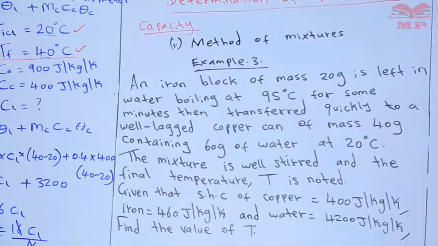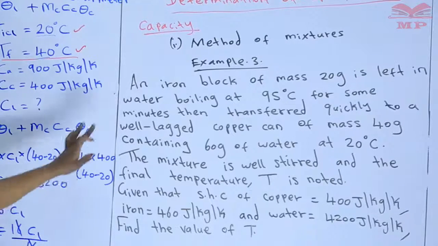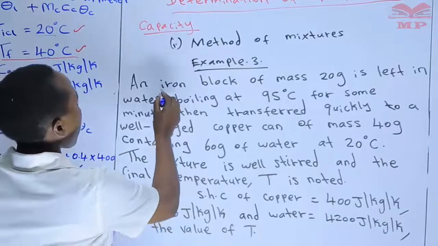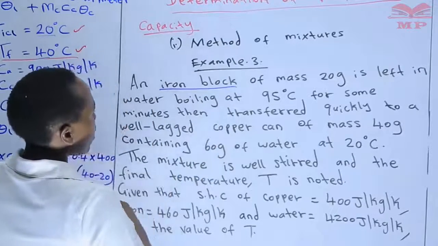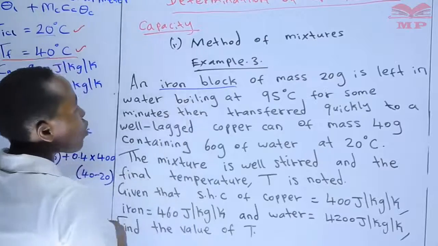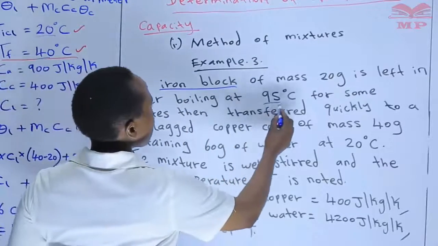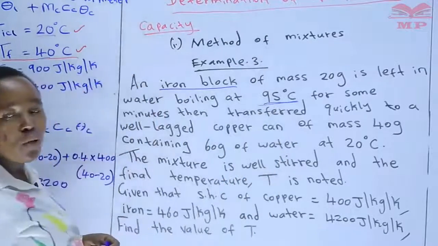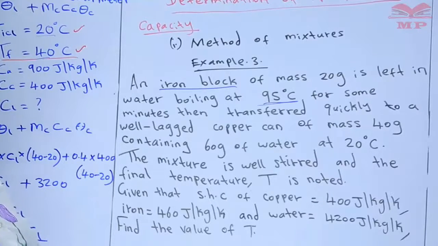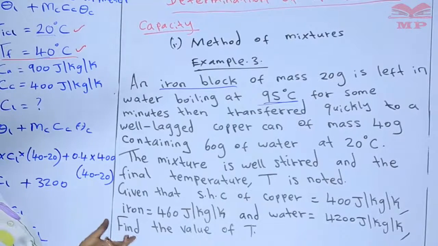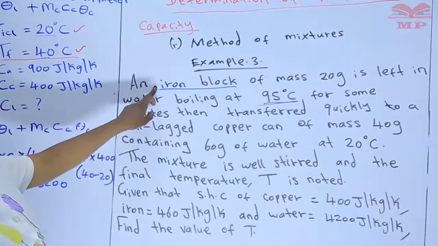By now, you know what is losing heat and what is gaining. Because in this question, we have an iron block. It is first left in boiling water at 95 degrees Celsius, meaning that it will also attain the 95 degrees Celsius. So that is the initial temperature of the block.